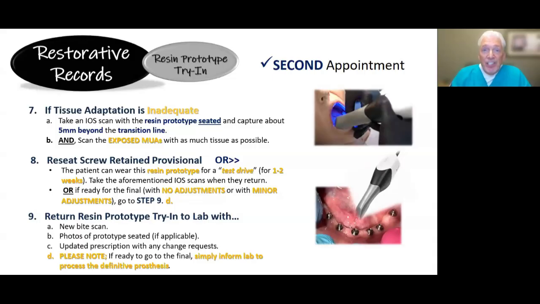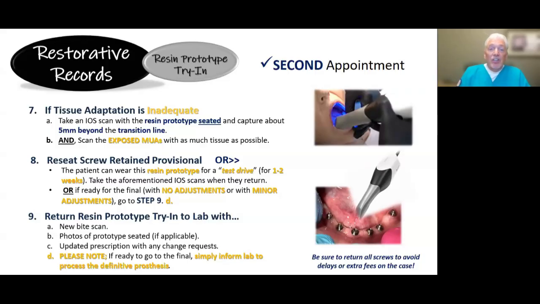You may not even need to physically return it to the laboratory, but you can just send the scans in to the laboratory. And if it doesn't need much of anything, you just reach out to the lab, whether you're calling them or emailing them. Again, work out your communication protocol with your laboratory, and go to the final.